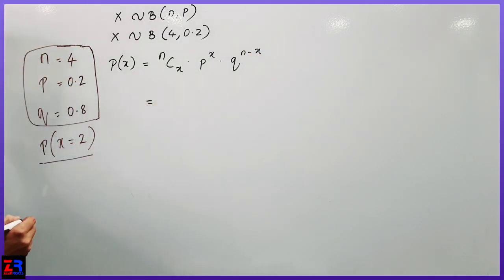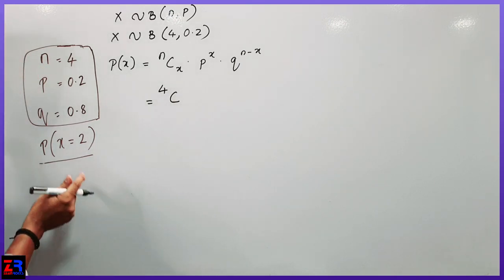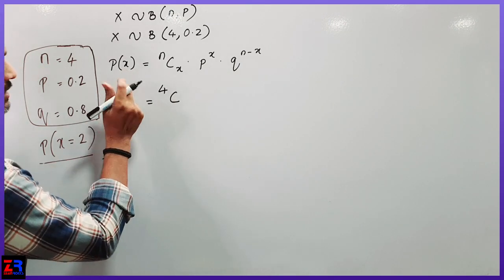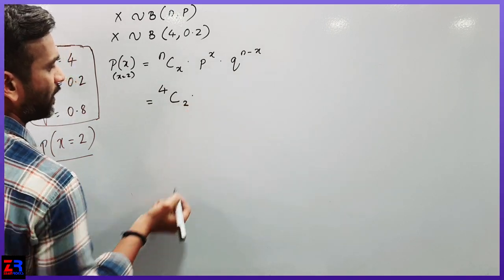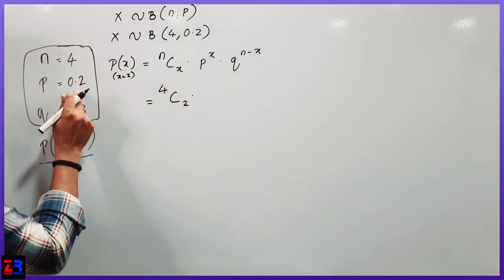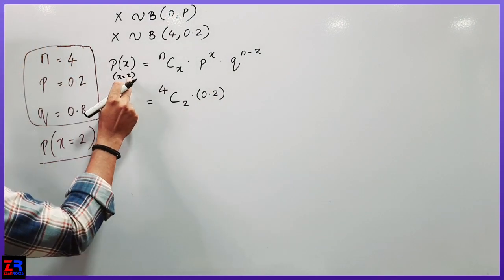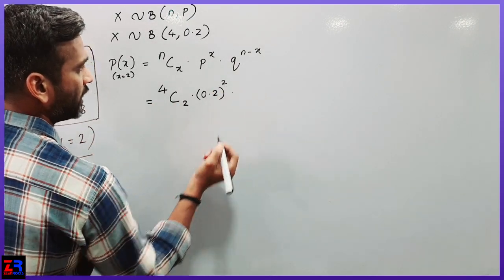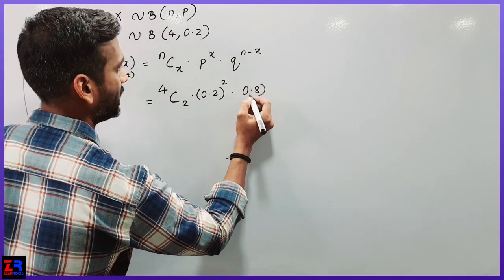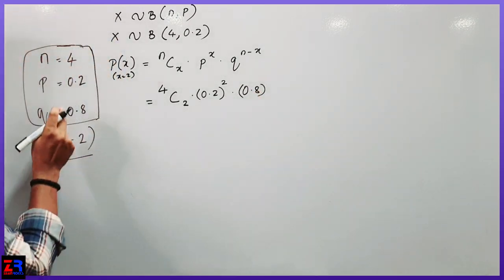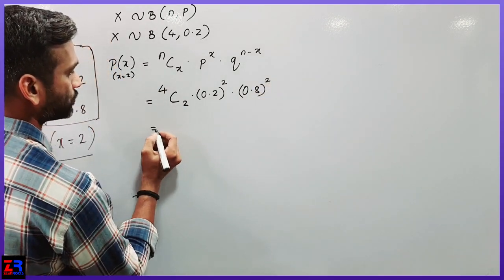What is the value of n? 4. C. What is the value of x? X is equal to 2. Multiplied by p, the value of p is 0.2 raised to x, the value of x is 2, into q, the value of q is 0.8, raised to n minus x, that means 4 minus 2, that is equal to 2.